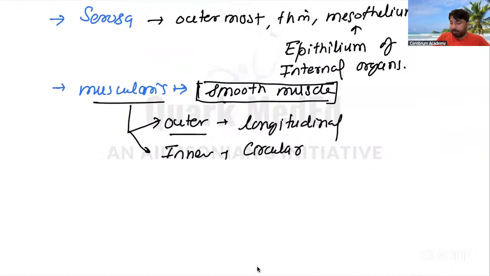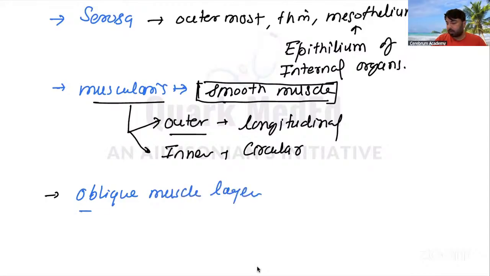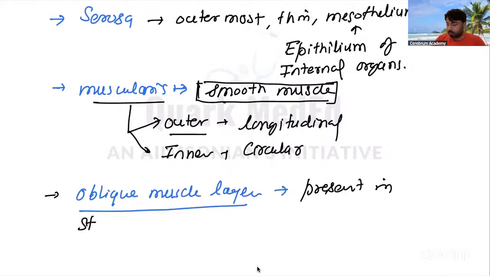Next point. Then oblique muscle layer is present in some places. This is important. It is present in the stomach.